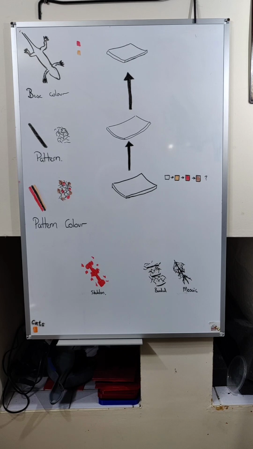Base colour is the colour that you see underneath, and this is generally the belly colour. So if you turn the geckos over, you can see that they have a white belly or a yellow belly or a red belly, and that will help identify what base colour they have. I showed this in the yellow stripe versus yellow base video I recently did, where I turned the geckos over and you could see one had the white belly, one had the yellow belly.